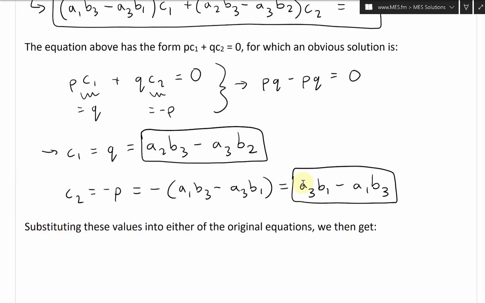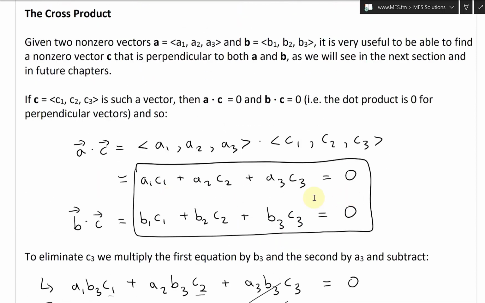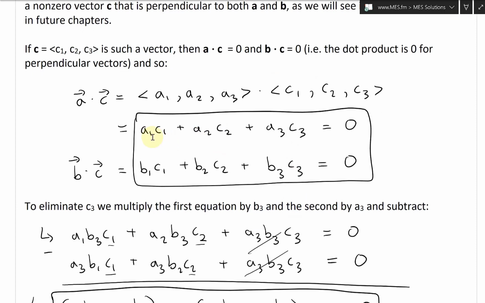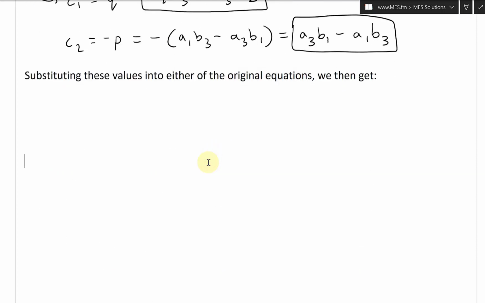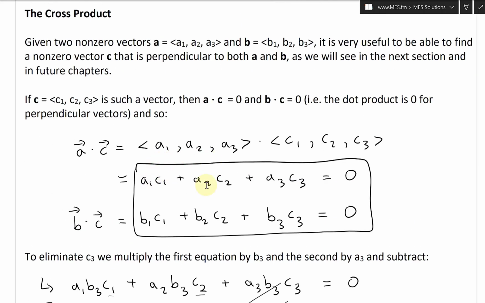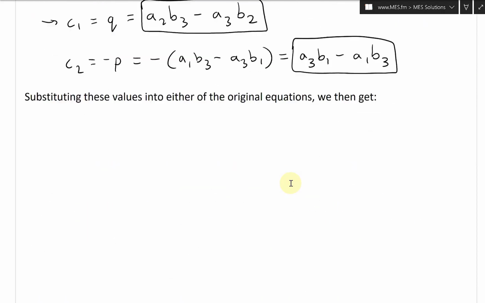All right, now that we have these two formulas for C1 and C2, substituting these values into either of the original equations, we could solve for C3. So let's look at the first equation and plug in our C1 and C2 inside. So what we get is A1, C1, and then A2, C2, and A3, C3.